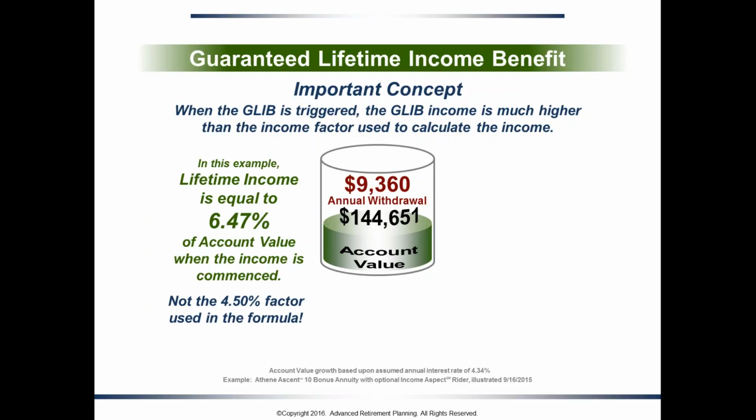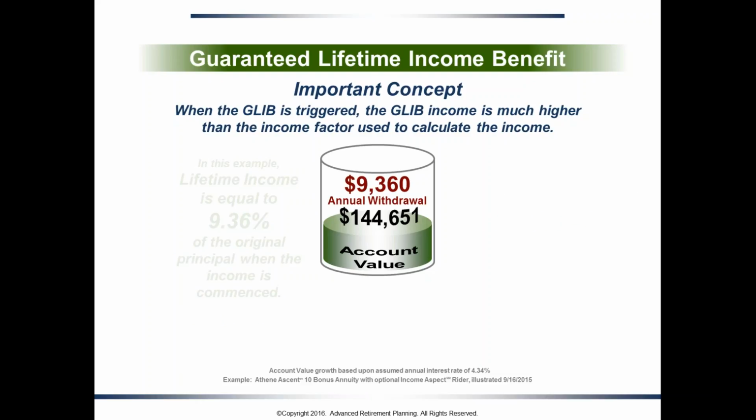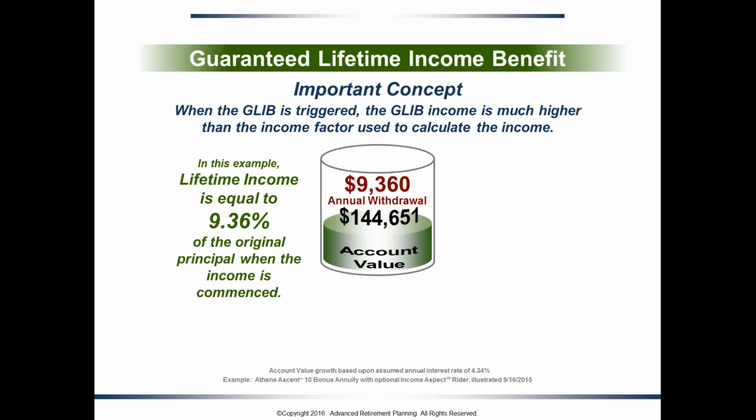That's if we compare that income to the account value at the time the income is commenced. And it's a very simple formula: just divide one by the other. It's 9.36% of the original principal. Now that's really powerful.